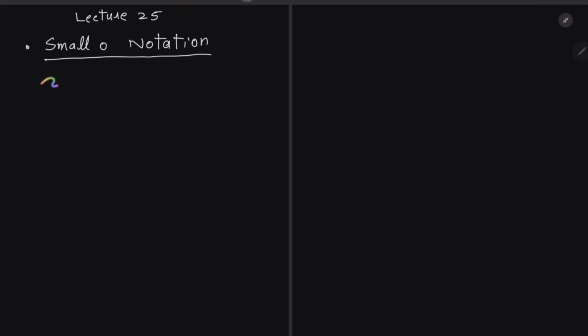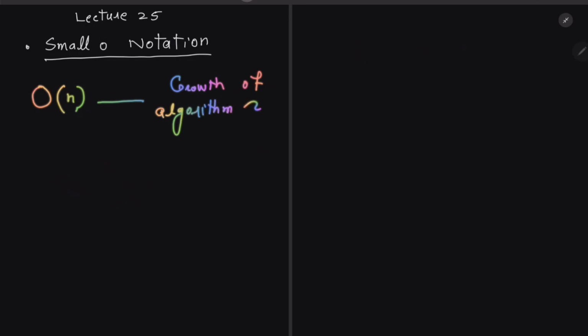When we say that some function is big O, order of n, it means that the growth of the algorithm is at most n.